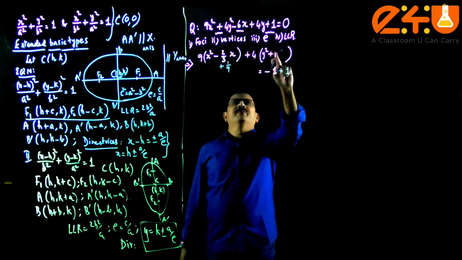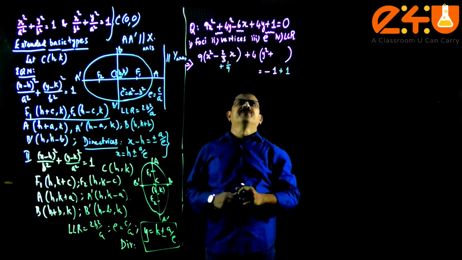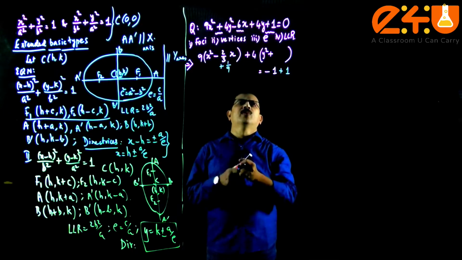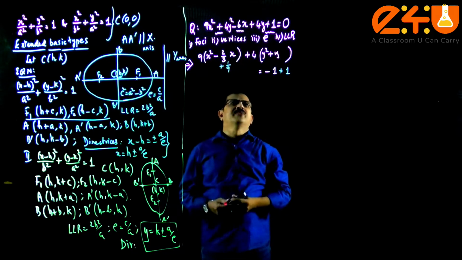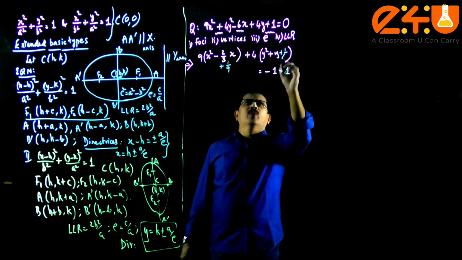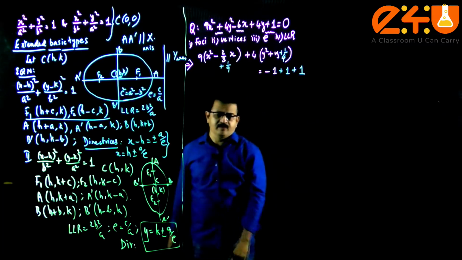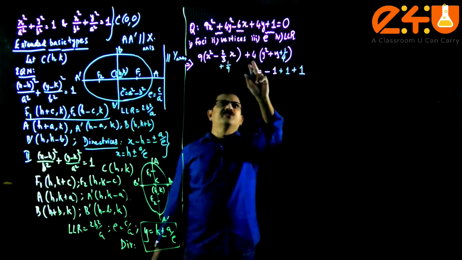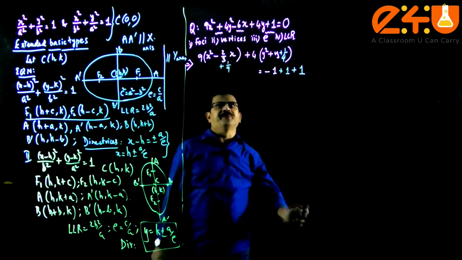For the y term, half of 1 is 1 by 2, so I add 1 by 4, and 4 times 1 by 4 is 1, so I add 1 on the right.